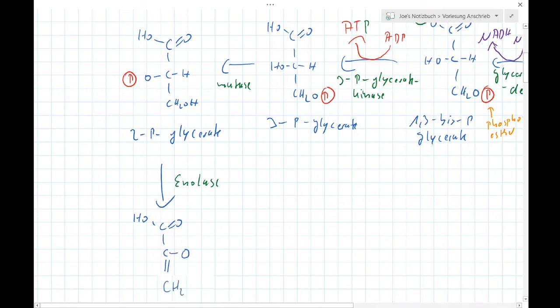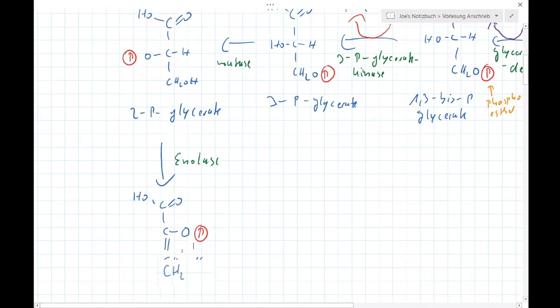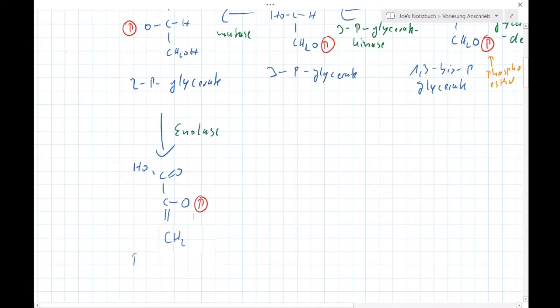So this is here. And at this position, we have our phosphate. So this is then, of course, still there. So this substance is called phosphoenolpyruvate. This is, of course, a name you should learn by heart.